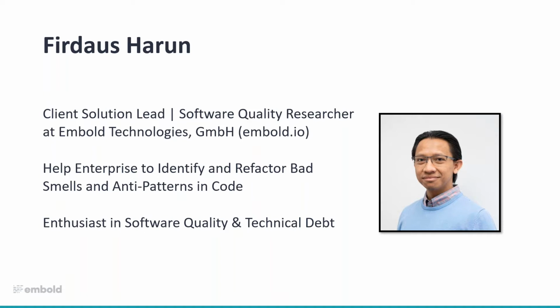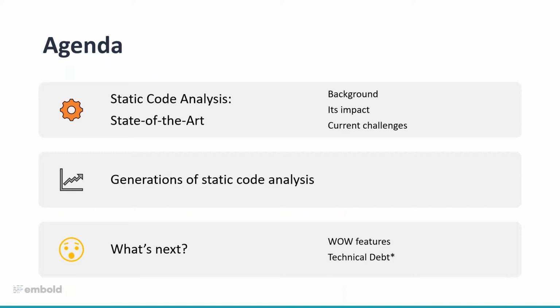Okay, so as I said at the beginning, there will be three main topics. State-of-the-art static code analysis tools. I will talk a little bit about the static analysis tool, maybe what the effect or impact on the system could be if we ignore some of the code smells and anti-patterns, and what the challenges for static code analysis tools could be.